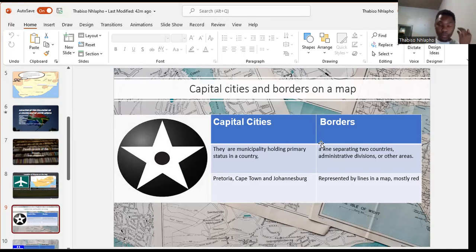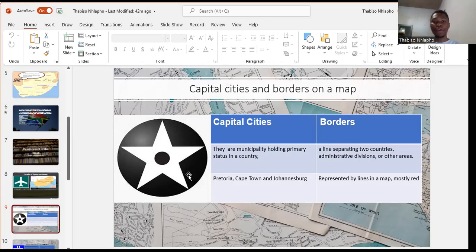So the star sign there is how you locate our capital cities on a map. If we were asked to locate capital cities on the map, we will be going through this sign.